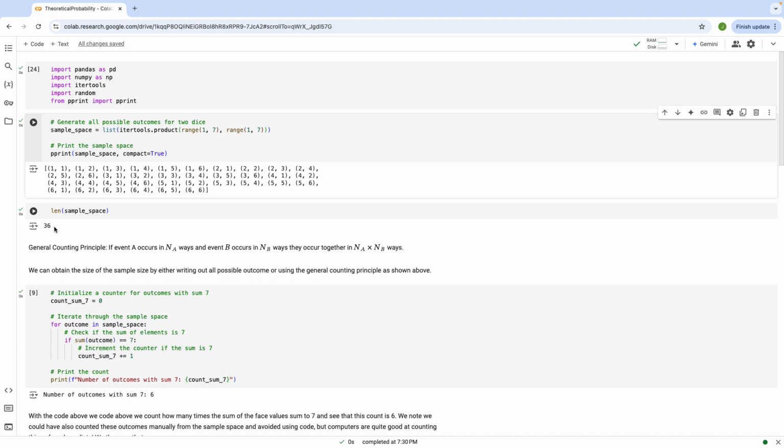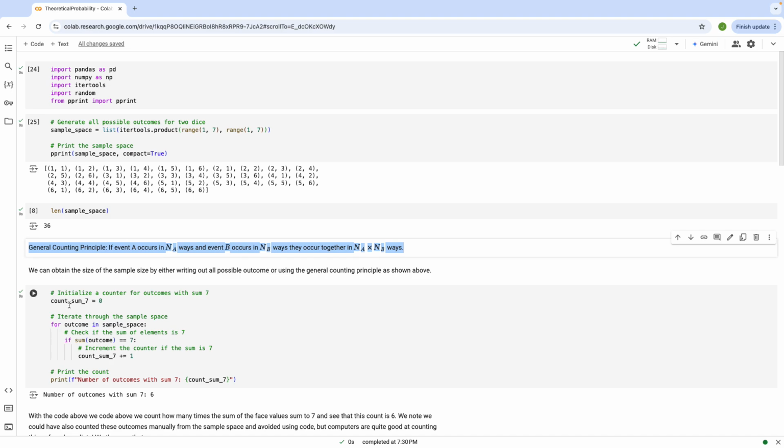When we multiply them together, we get the entire sample size of 36. The general counting principle says if event A occurs in n sub a ways and event B occurs in n sub b ways, they can both occur together in n sub a times n sub b ways.